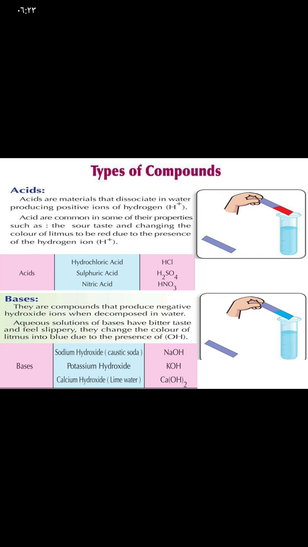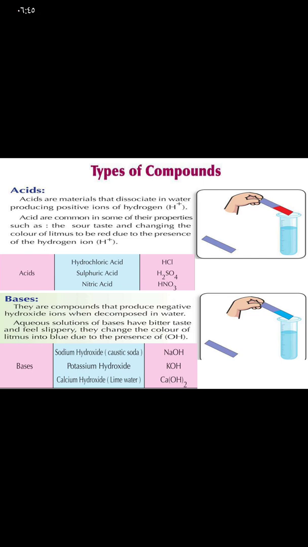All these compounds have different types. We have acids, we have bases, we have salts. So the chemical compounds differ in their types. What's the difference between acids and bases, for example?